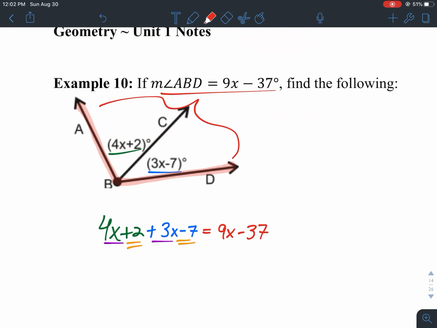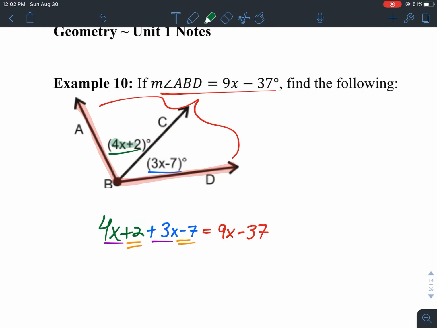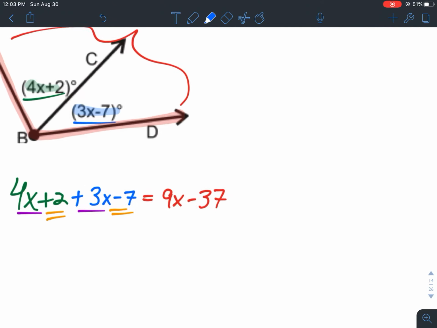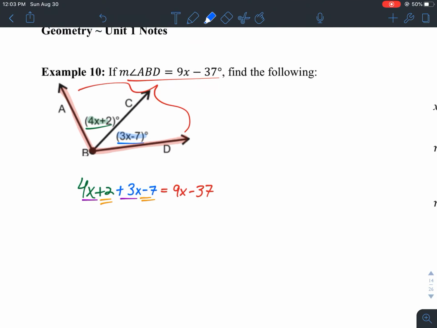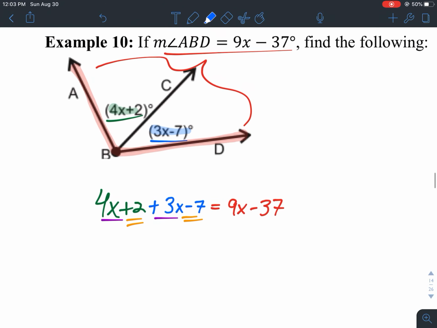That's a big chunk, right? We're given the small chunks inside of this image, so there and there. We can come up with an equation to first of all find x, because if you want to find the measurements of the other angles, we need to know what x is first.